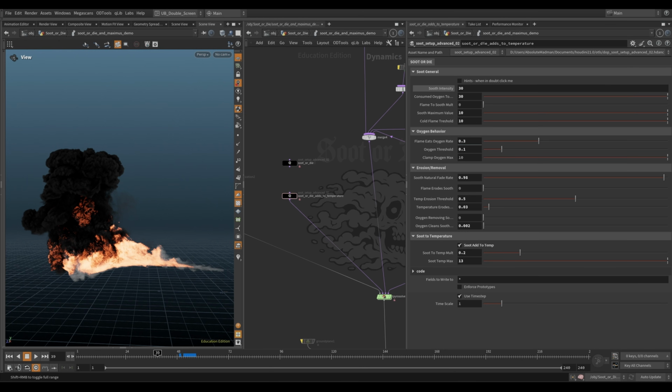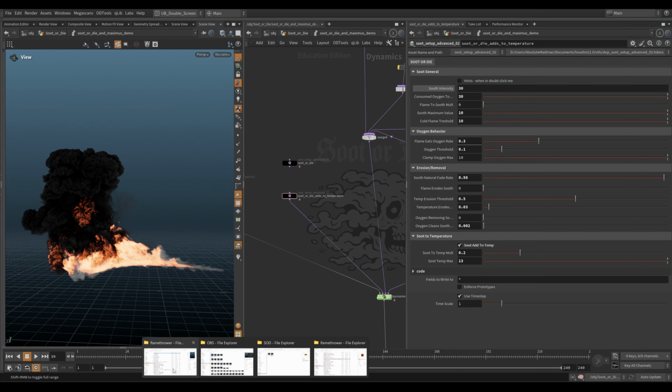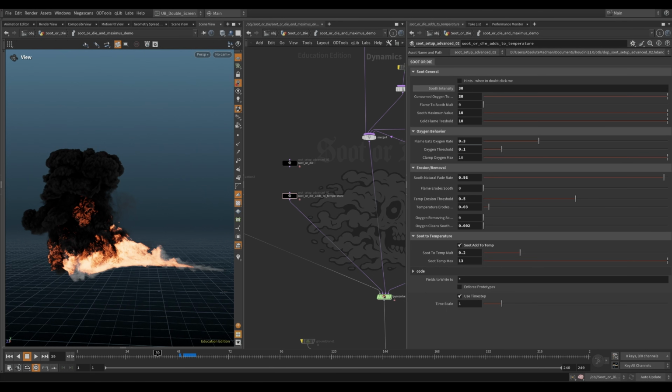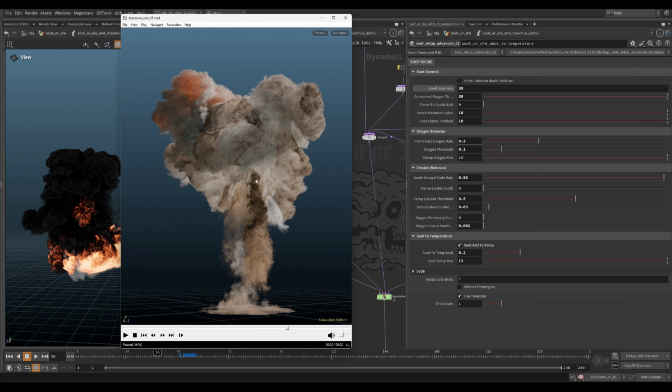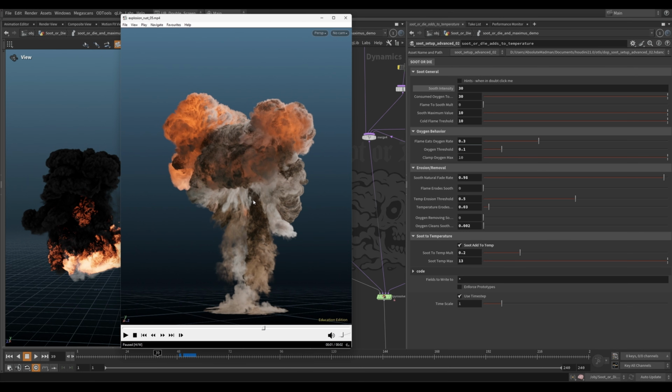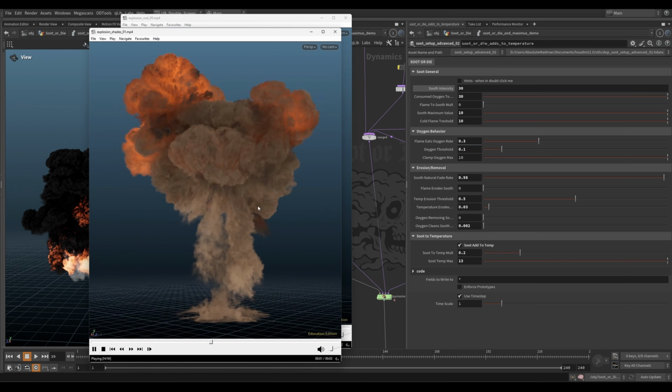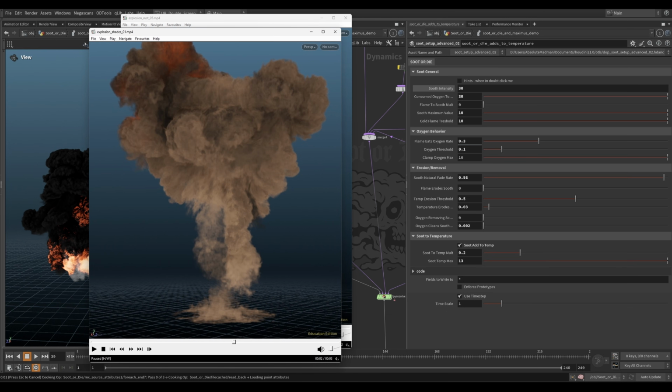So like I said before, this is very useful for flamethrowers, for explosions. You can just add these kinds of details to your explosions that otherwise would be very difficult to do. And in some cases you can be more subtle, you can go more crazy.